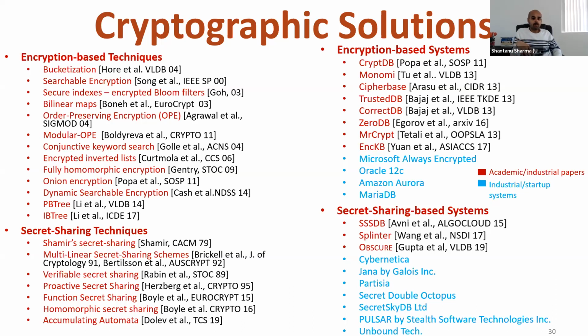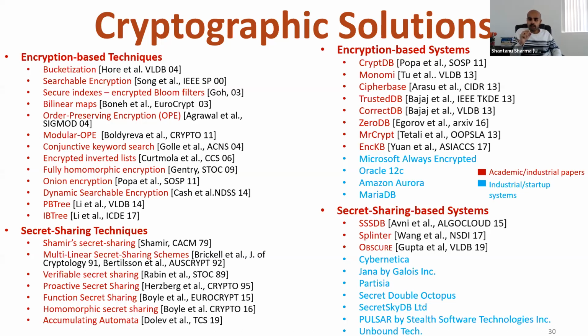Based on encryption techniques, one of the famous systems is CryptDB developed by Popa, and then mOPE is also by MIT. Then Microsoft developed a Cipher-based system, and others, and CryptDB is also from MIT. Recently, we saw an encrypted key value store, and some industry also used encryption-based techniques like Microsoft Always Encrypted, Oracle, Aurora, and MariaDB.